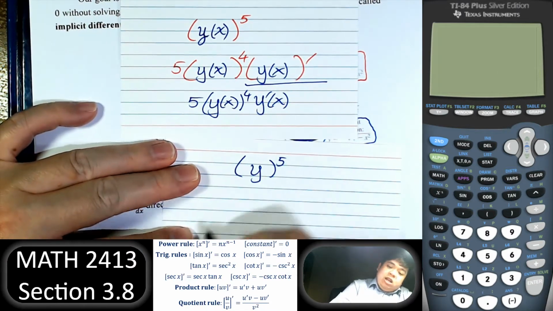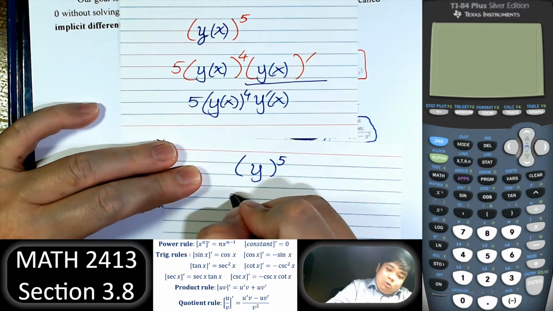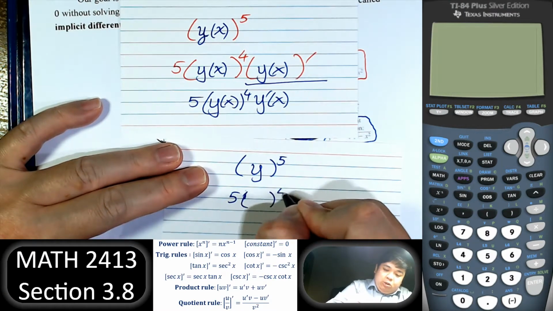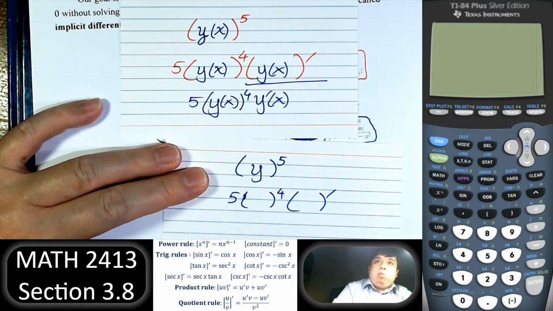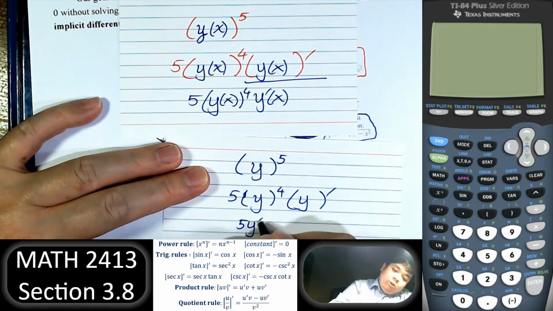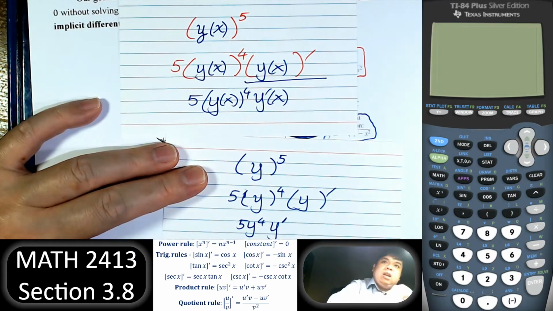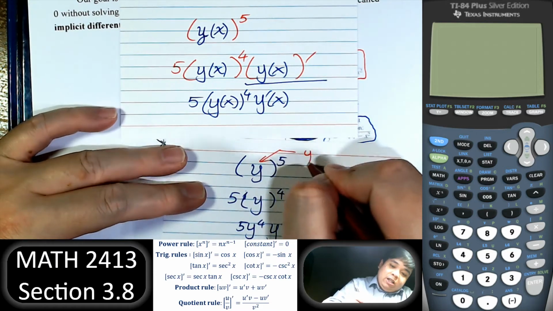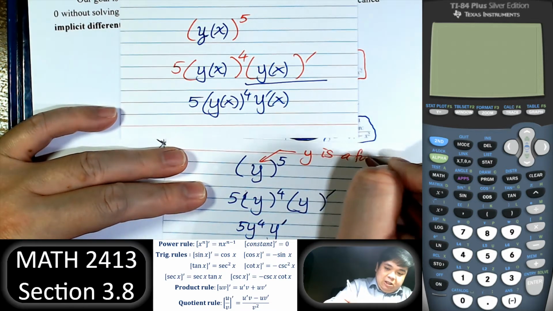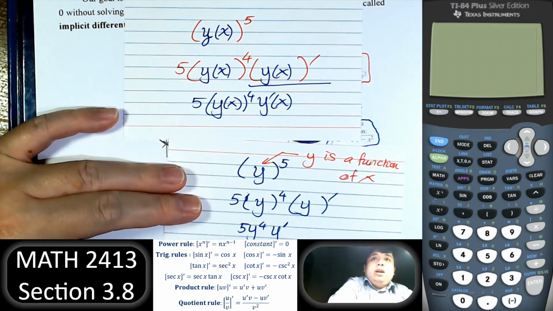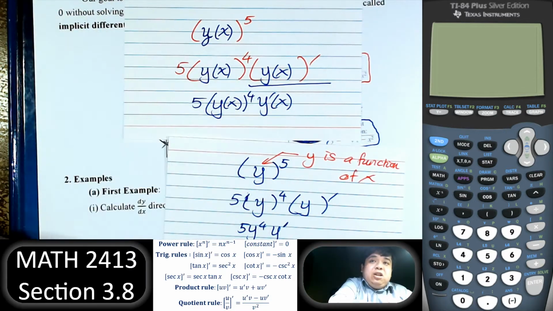If we just have y, then that would be 5 parentheses to the fourth, times parentheses prime. Then we put y in it, so that gives us 5y to the fourth times y prime. This is only if y is a function of x. And in that case, that is implicit differentiation.